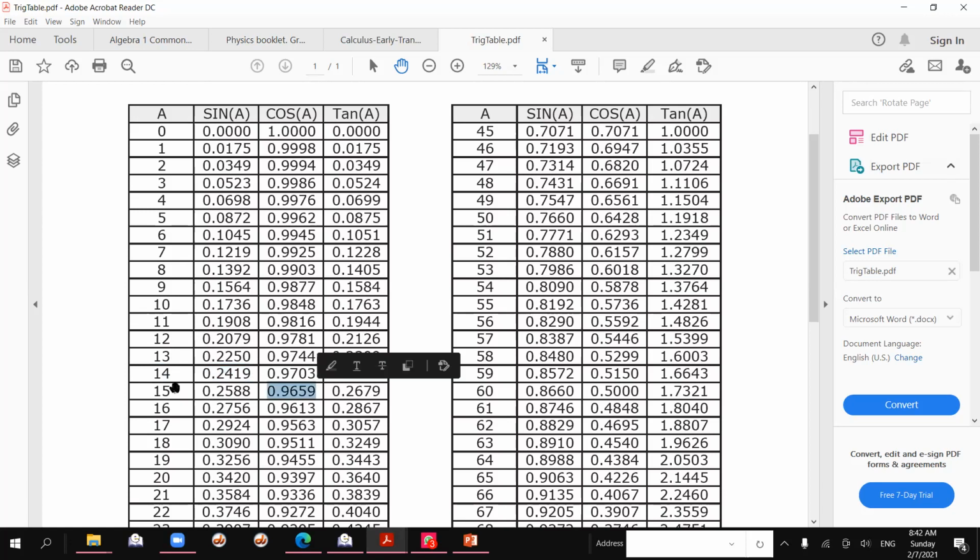Bravo. What is the tan of 17? 0.3057. Bravo. Now what is the sine of 53? 0.798. Bravo. That's it. This is if I need to find the sine, cosine or tan of the angles.